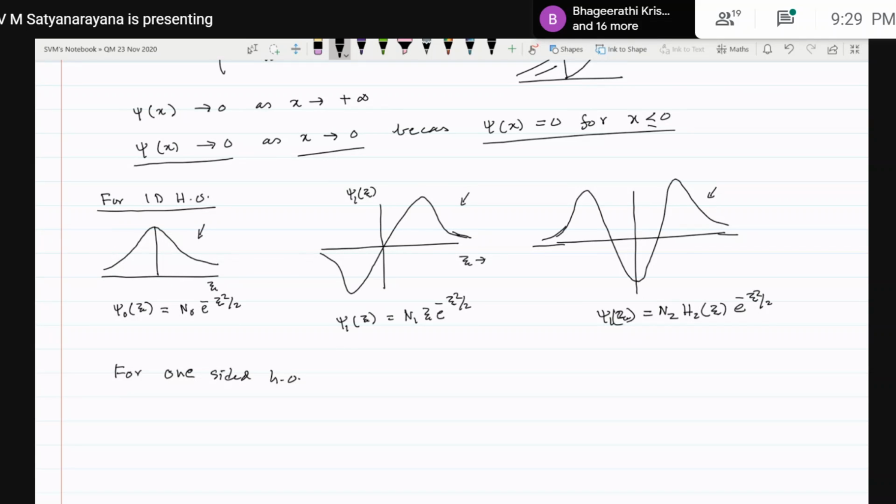So for this one, all psi n of x with n odd are eigenstates of the one-sided harmonic oscillator.